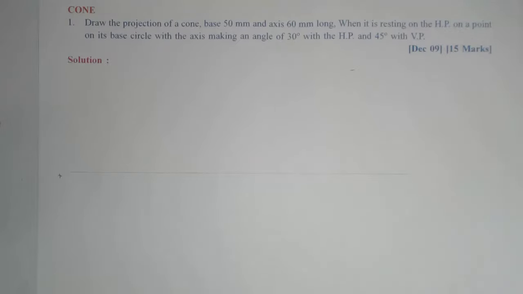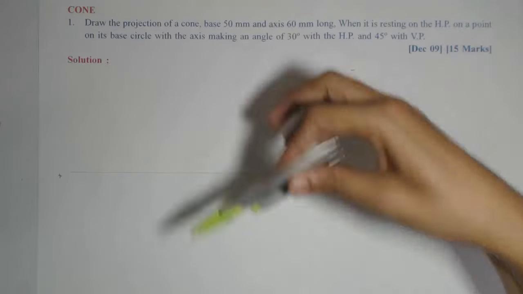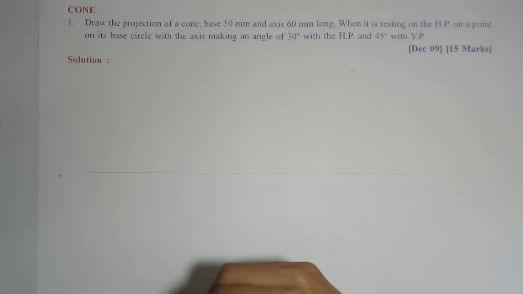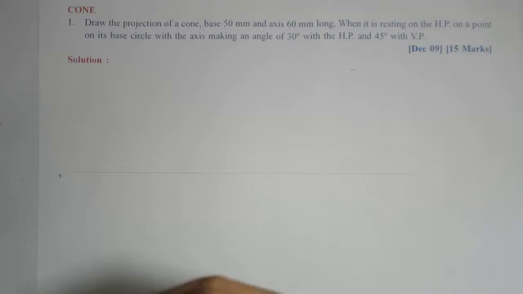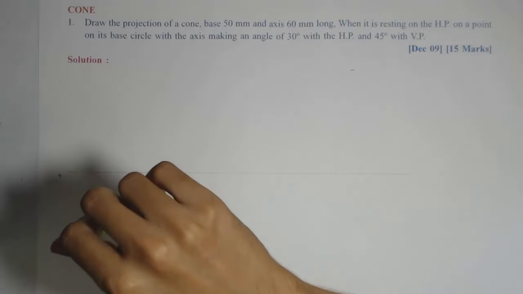So we'll start with drawing a circle. Since the base is 50 mm, we will take a radius of 25 mm to get a 50 mm diameter for the base. So we'll draw a circle of 25 mm radius.